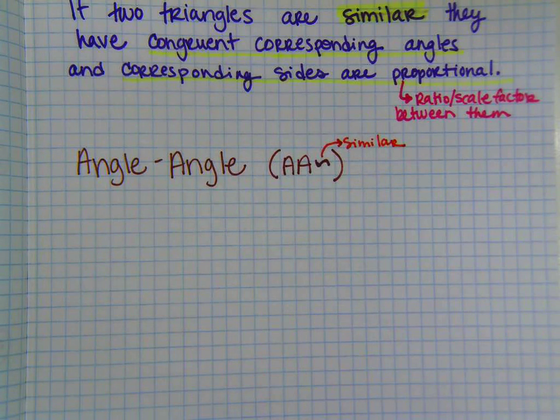So angle-angle. That means that if we have two corresponding angles congruent, then we know that all three are congruent by triangle sum theorem. And that means that the triangles are similar. So let's just draw a quick example of that.